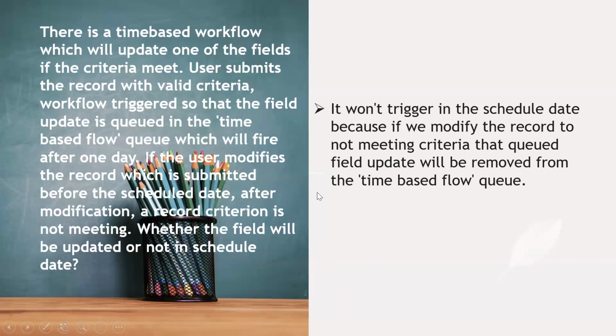This is the scenario, and this is the answer.